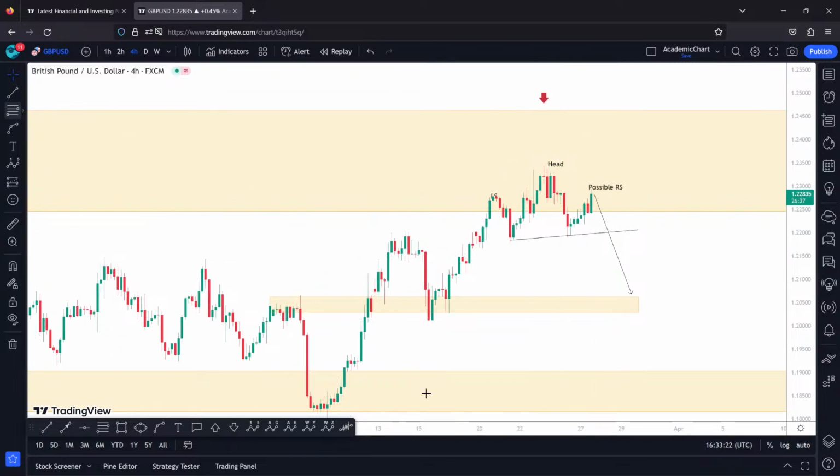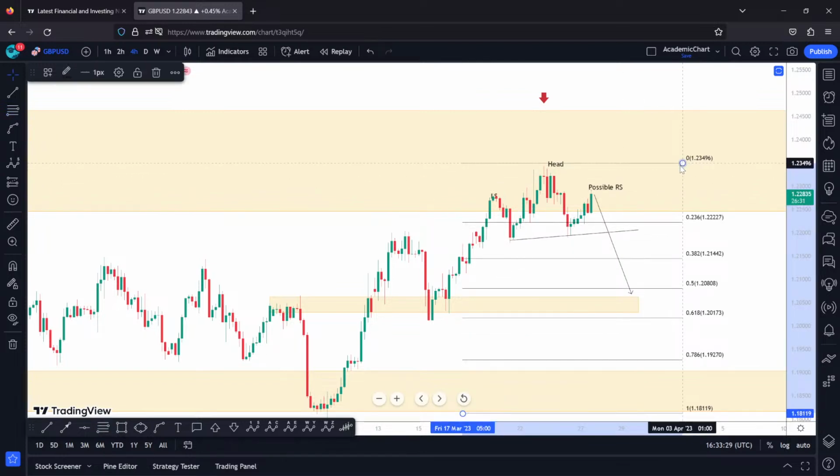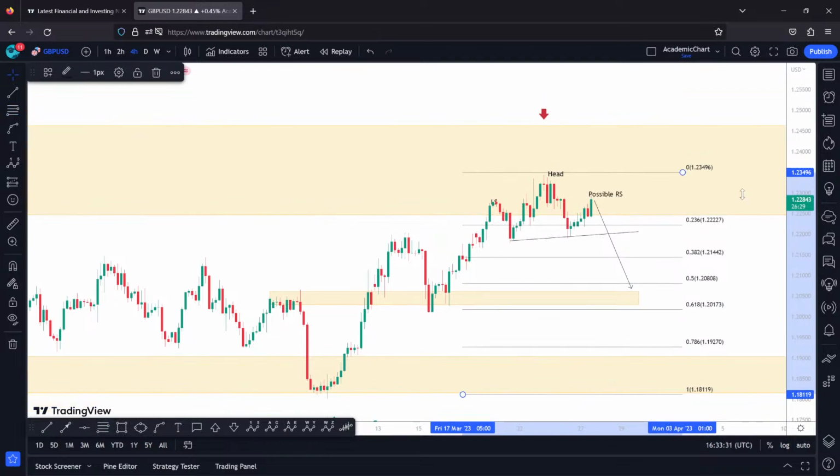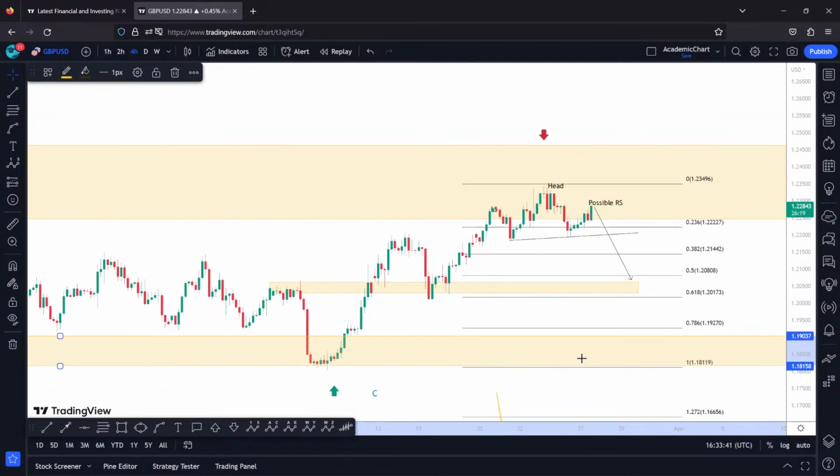Also, I can add another thing to this as an hourly impulsive wave here, if I can draw it more accurately, hopefully. Okay, it seems that I need to be a little bit faster.